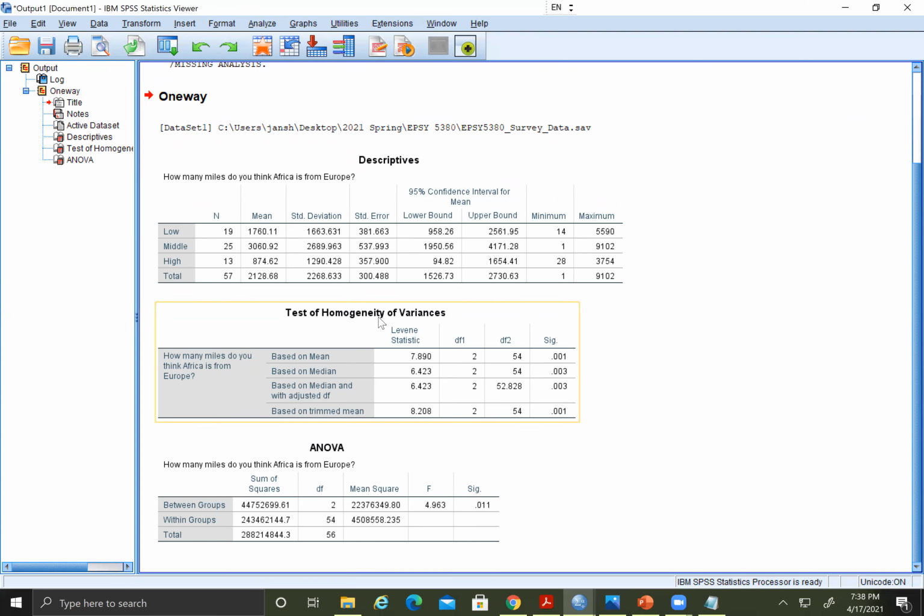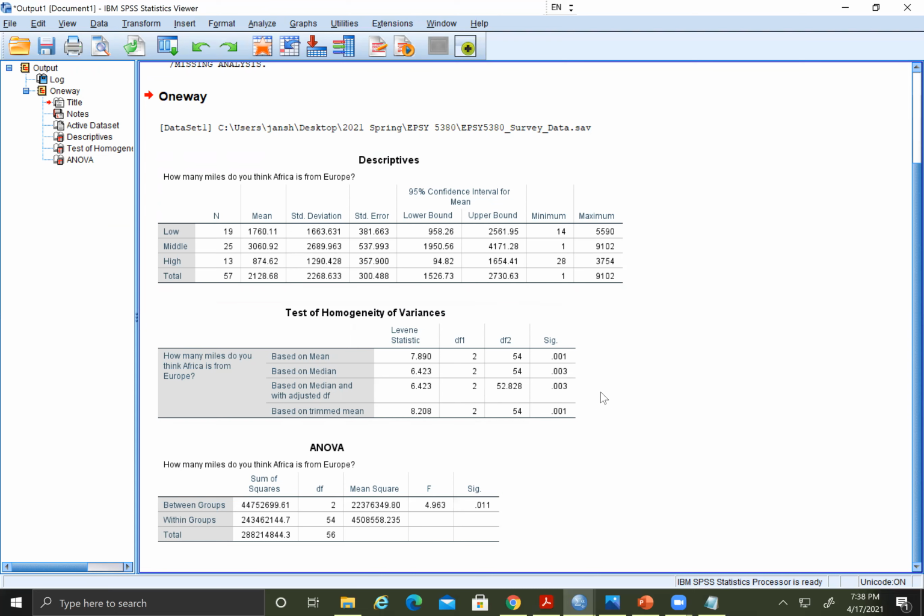Okay, and this homogeneity of variance, if you recall, tests one of the assumptions of ANOVA. In the independent t-test, we also had a similar test, called Levene's test. Basically, we are testing if the variance is the same, because that's the assumption: variances are the same.